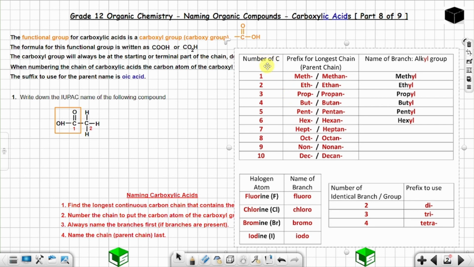When the parent chain is made up of 2 carbon atoms, you are going to use the prefix ethane, and follow this with the suffix oic acid. You don't have to specify on which carbon atom your carboxyl group is, because we know the carboxyl group is always at carbon number 1. So the full name of this compound is ethanoic acid.